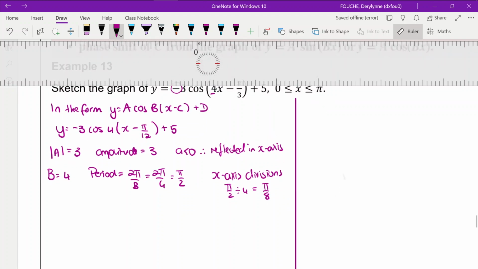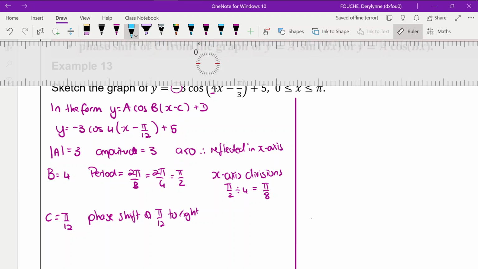Now we have a phase shift of pi on 12 to the right, and this is going to affect our x-axis divisions.